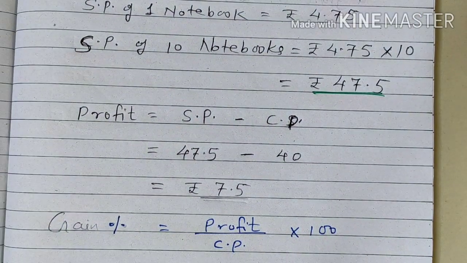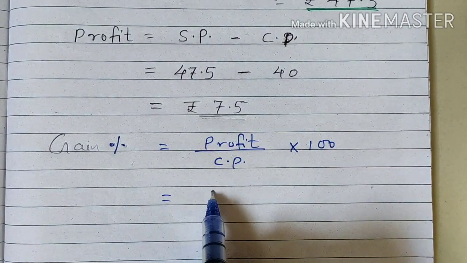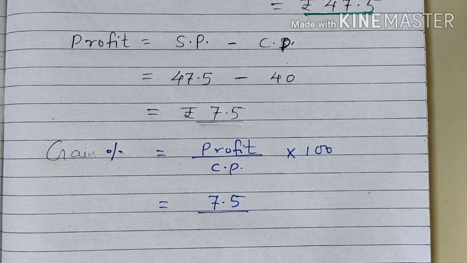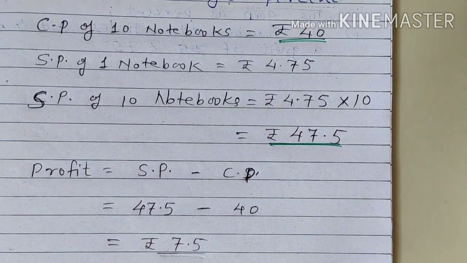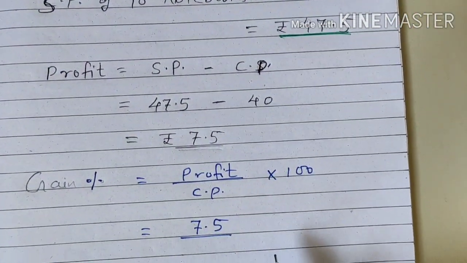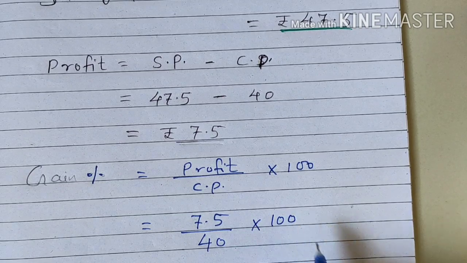So what is the profit we get? 7.5 is the profit. What is the cost price? The cost price of 10 notebooks is rupees 40. So we take 40 here and multiply by 100.